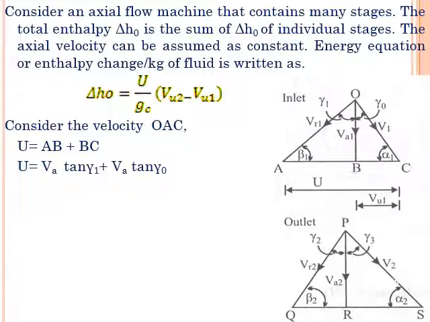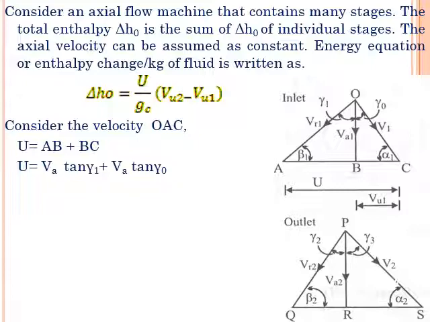So we can write U as follows. Consider gamma naught: tan gamma naught is equal to the ratio of opposite by adjacent, correct?